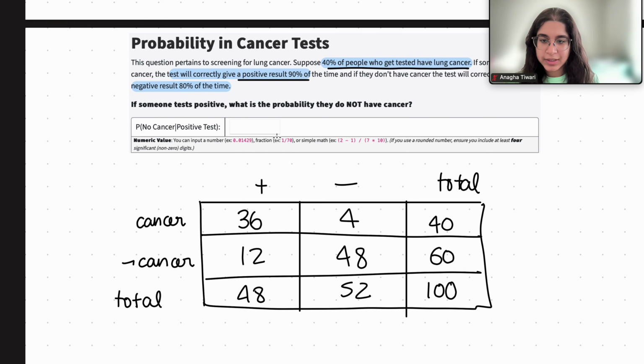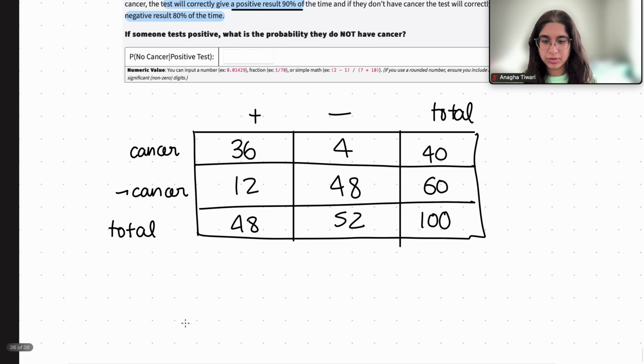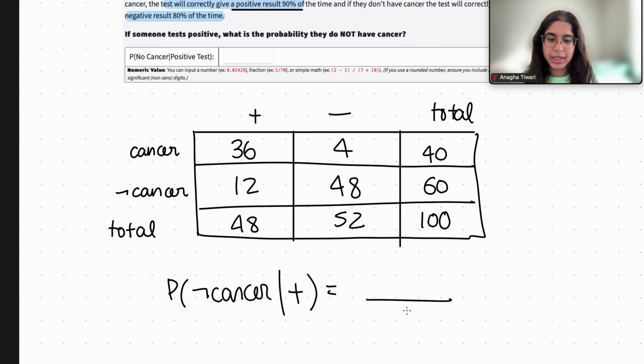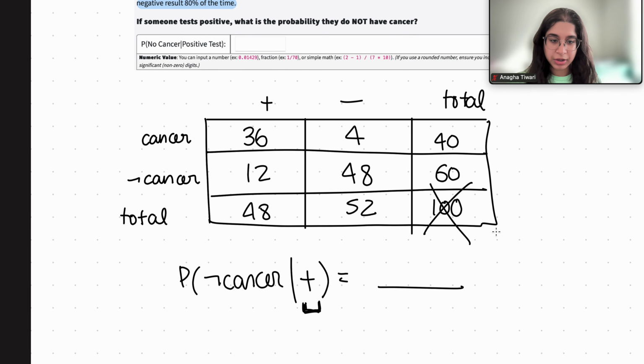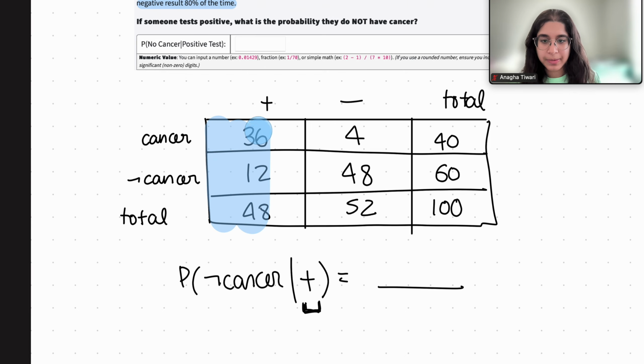Right, so now it says if someone tests positive, what is the probability that they do not have cancer? So what is the probability of no cancer given a positive test? Well, how many people are we looking at? We're only looking at this positive part of the population, right? We're not looking at the 100 total people. We're looking at the part of the population that got a positive test result, which is going to be this column right here.